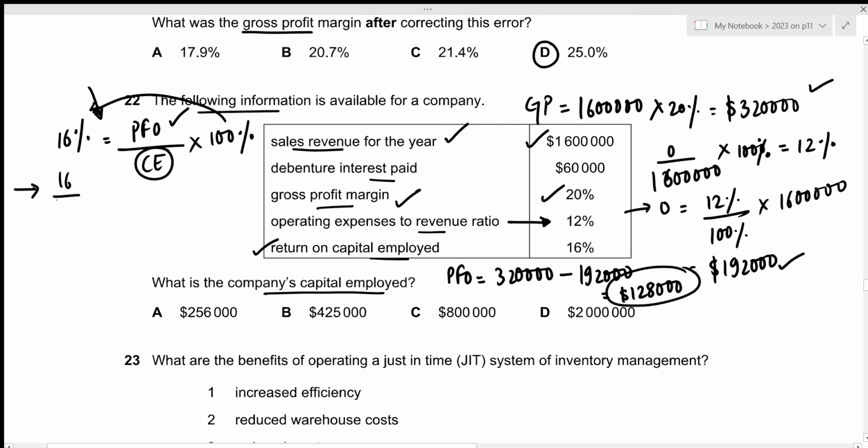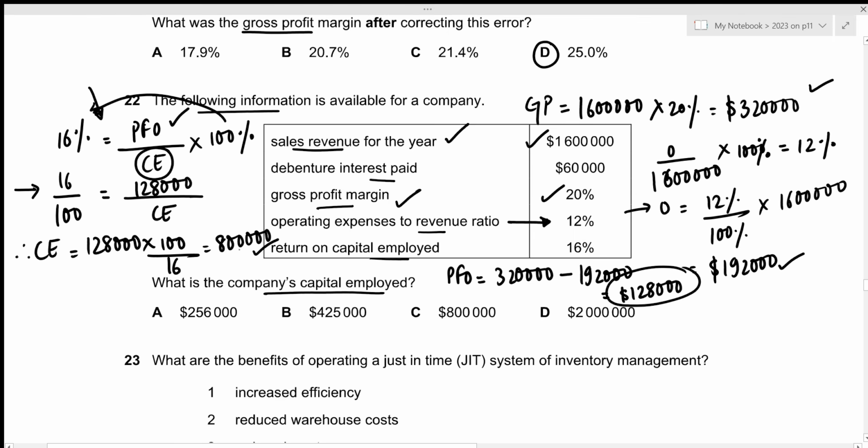That will be 16 by 100 equals 128,000 divided by the capital employed. Now we'll cross multiply. This will give our capital employed to be 128,000 times 100 divided by 16. This results in the value of 800,000. So that's the answer we're looking for, which is given in option C.